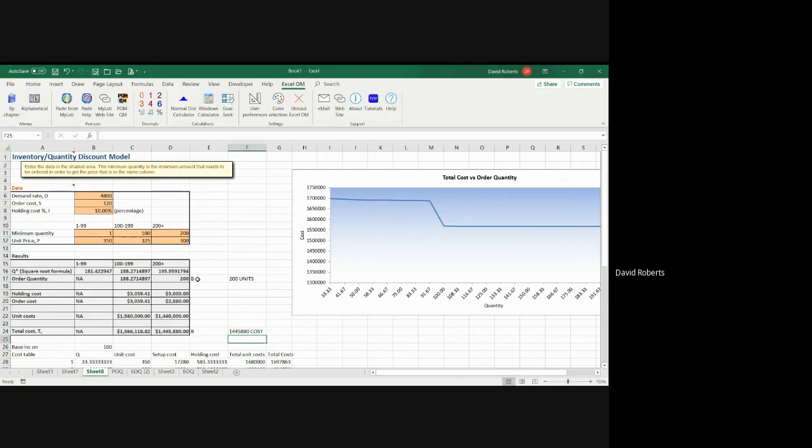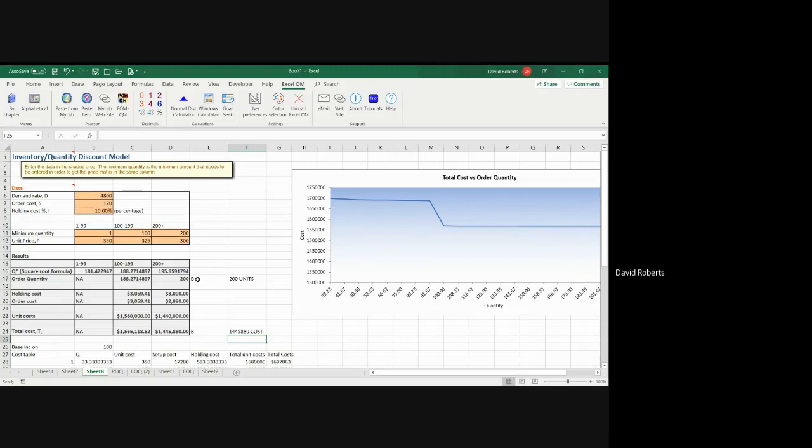So if you order 188.27 each time, your total annualized cost will be 1,566,118. If you order 200, you can see your holding costs go up because you're going to have more inventory on hand more often. And you can see that your ordering costs go down because you're going to order less often.